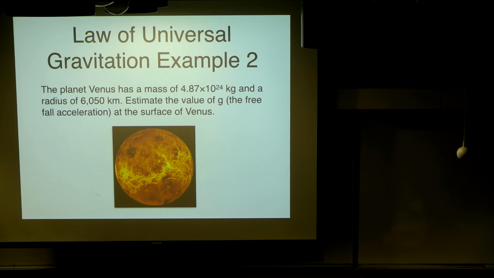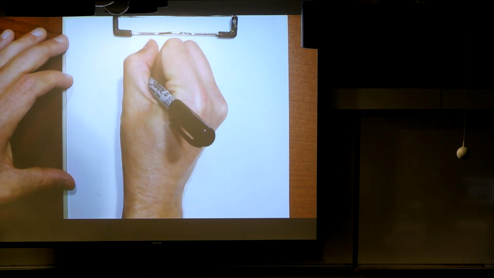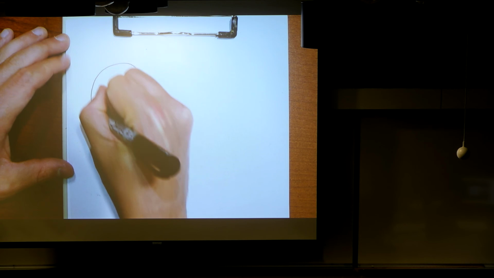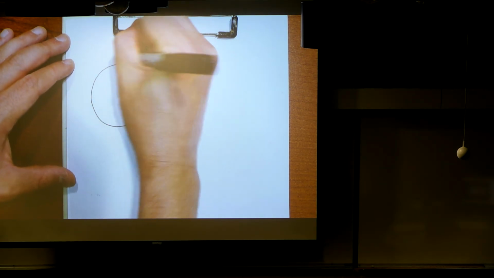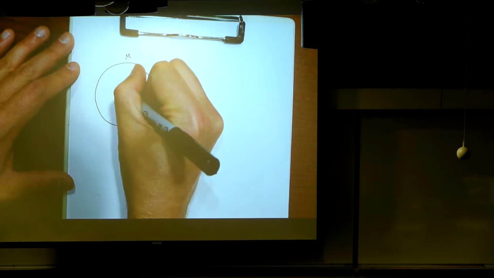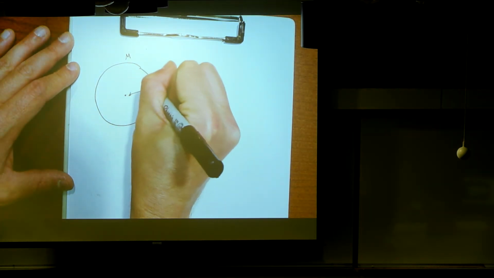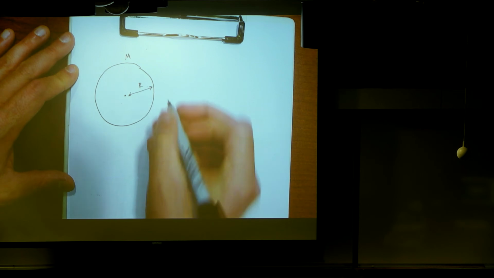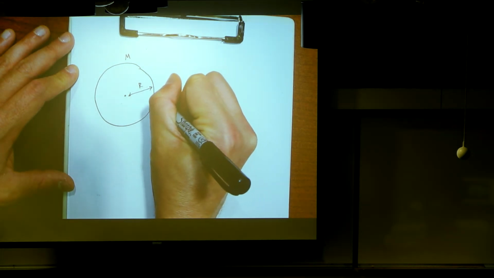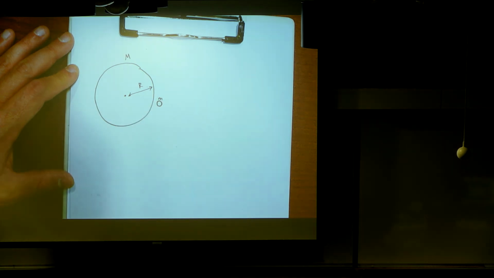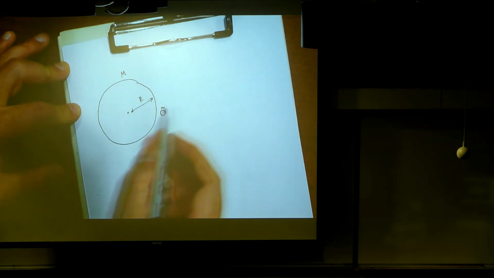So here's how we're going to approach this one. When we talk about the free fall acceleration, we're imagining there's some object in free fall near the surface of this planet. So the planet is big M, its radius is big R, that's our notation. And then we imagine we have some object much smaller than the planet, let's call it little m, and it's in free fall.